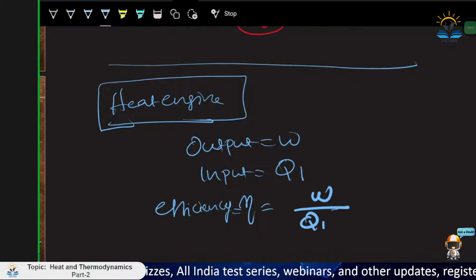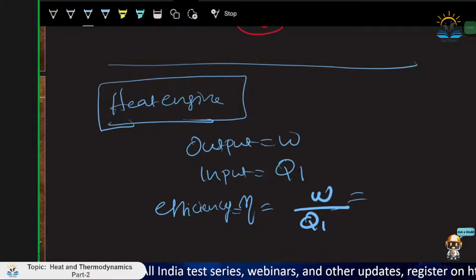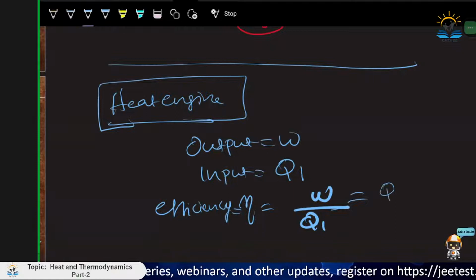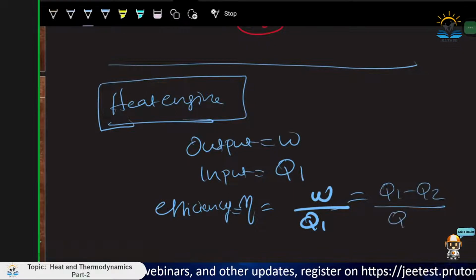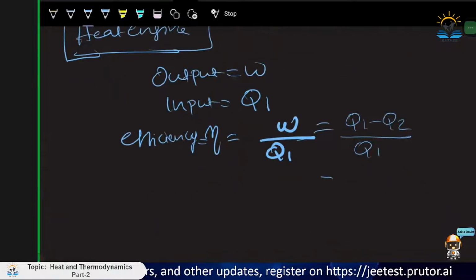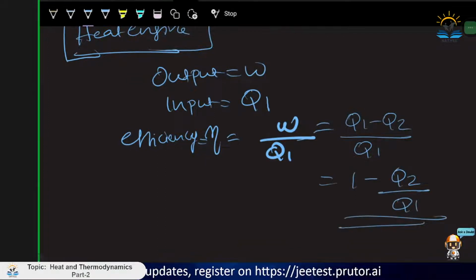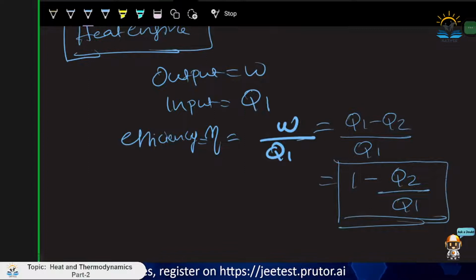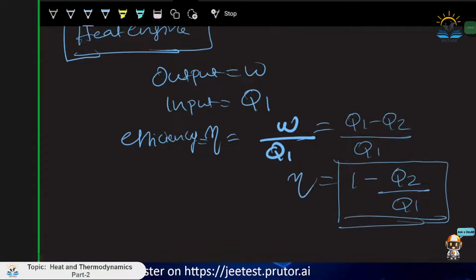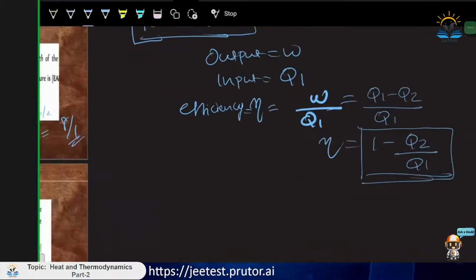W is equal to Q1 minus Q2, so eta is (Q1 minus Q2) by Q1, that is 1 minus Q2 by Q1. This is the equation to find efficiency in a heat engine.